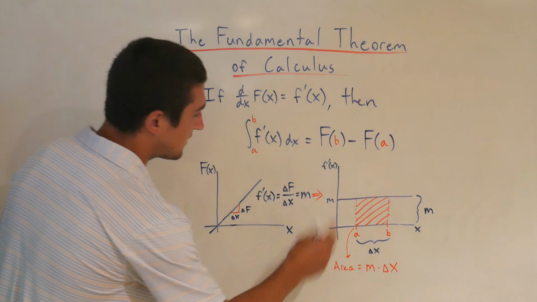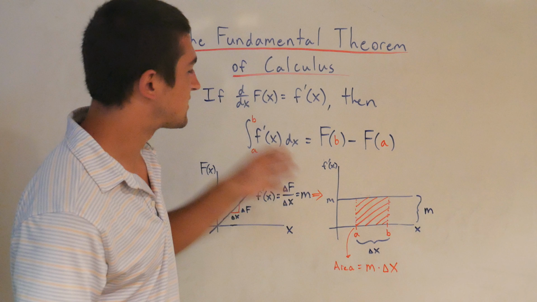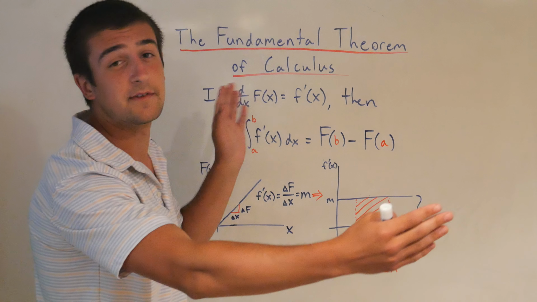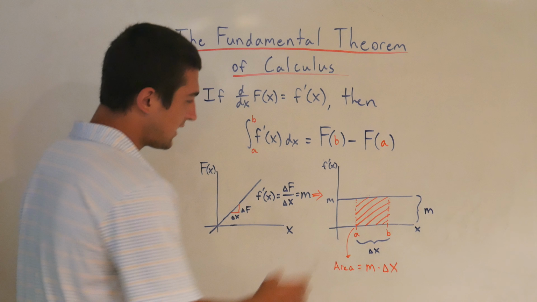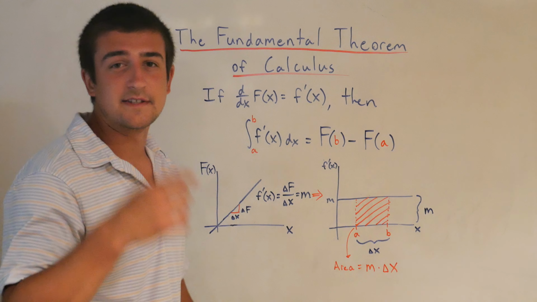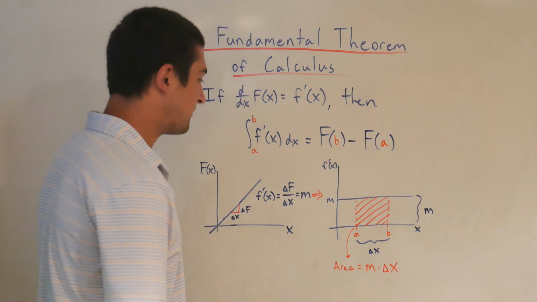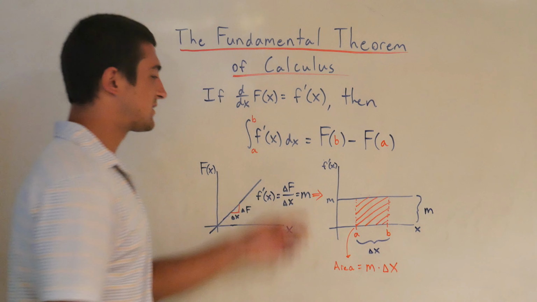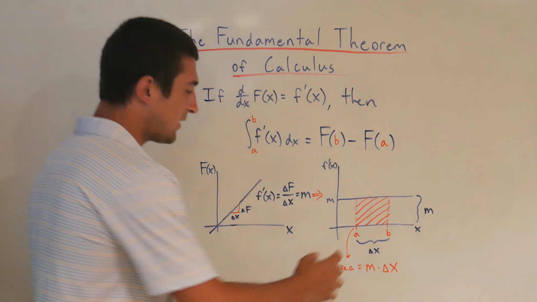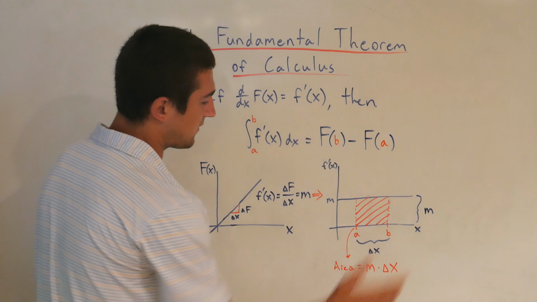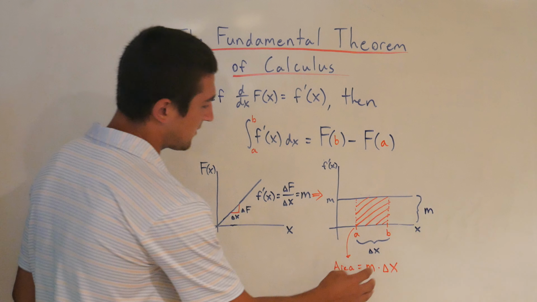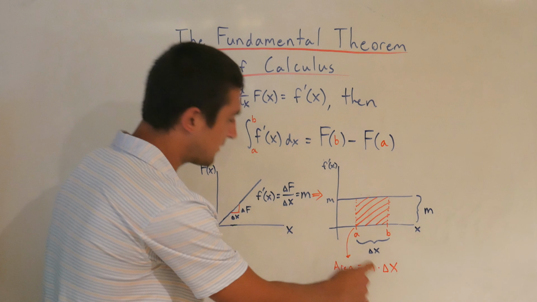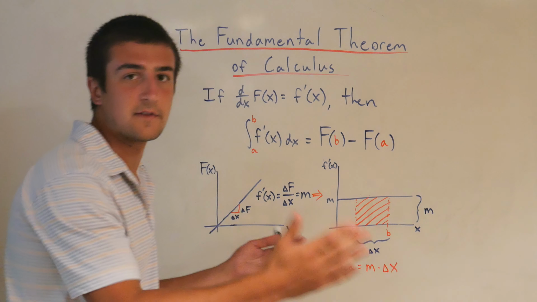And so, to do that, well, this is just basically one giant rectangle, one infinitely large rectangle. The area of a rectangle is the length times the height, or the height times delta x. And so since it's at a constant height of m, we have the area on some interval, a to b, is going to be equal to the height times delta x, or the change in x, or the length.